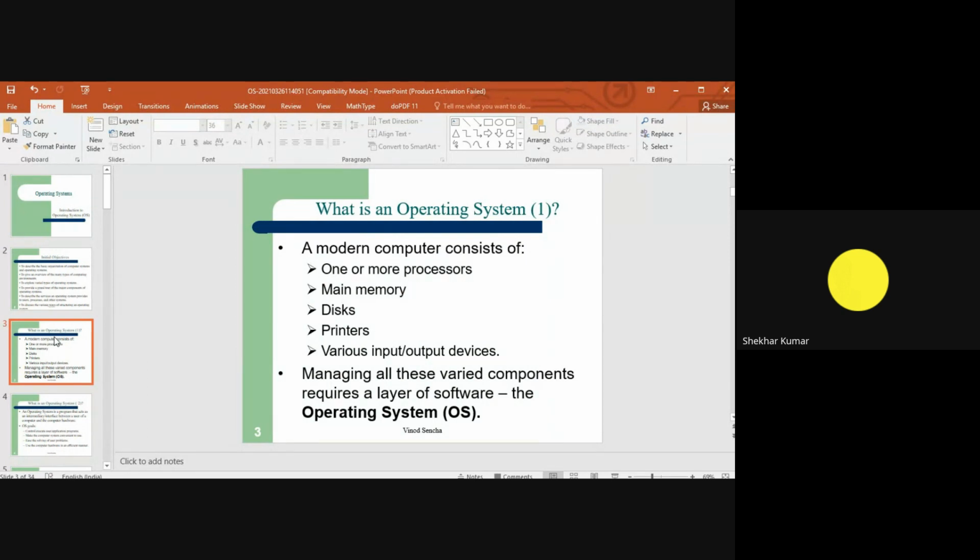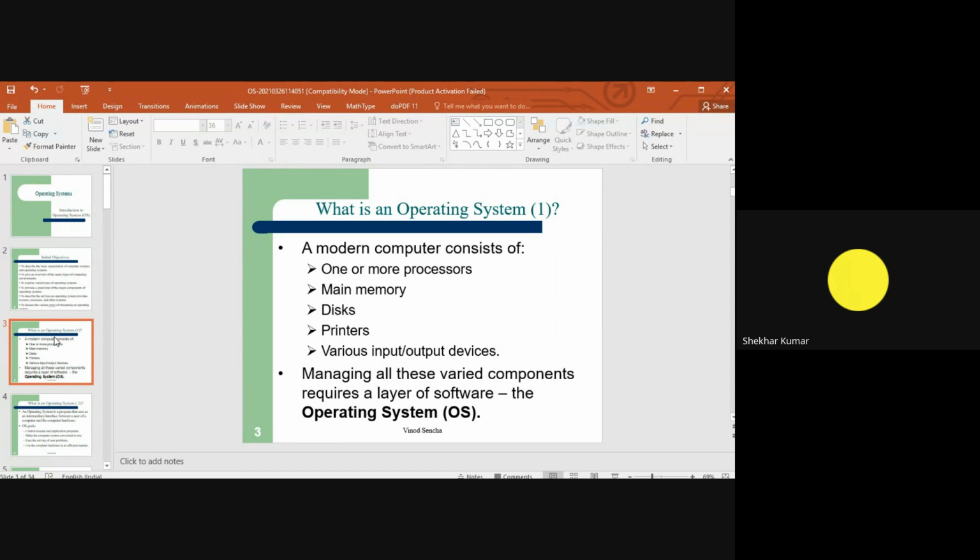So operating system is a system software that acts as an interface between a user and computer hardware, because a user cannot directly contact with the computer hardware. We are the user.